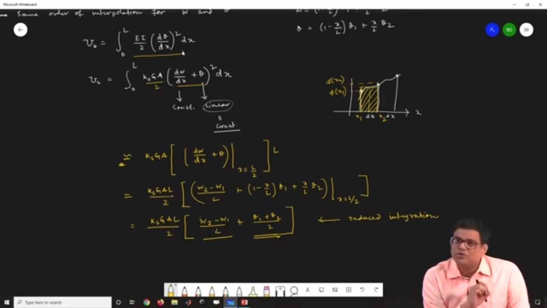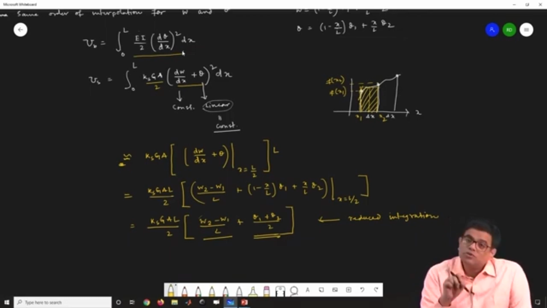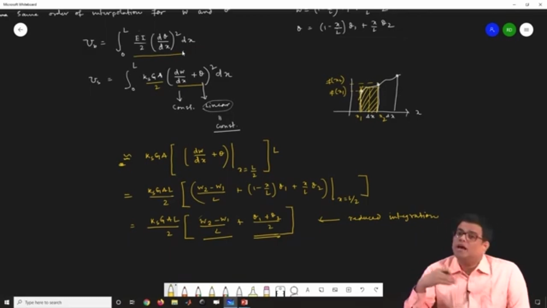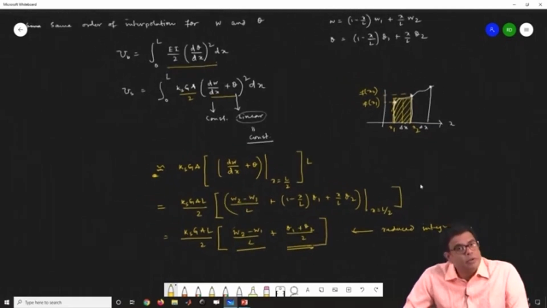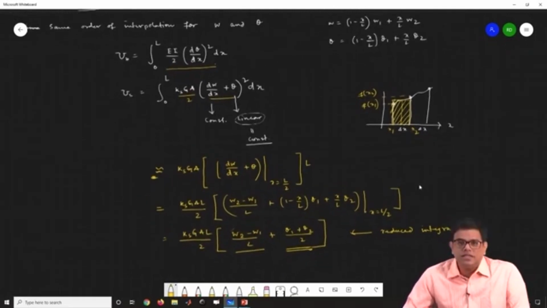In the one-point rule, dw by dx is exactly integrated, but theta, since it is a linear interpolation, is reducedly integrated, so this term leads to a constant theta, which is actually inconsistent, but this solves the problem. This is known as reduced integration in the finite element method. We will learn this in detail later.